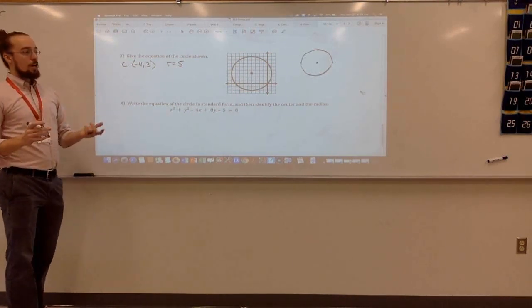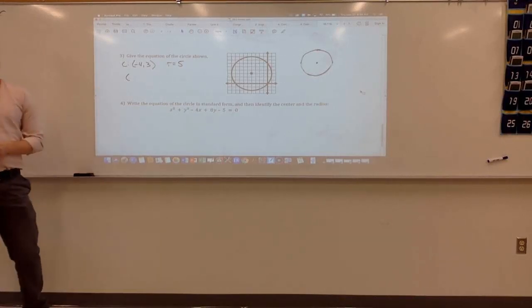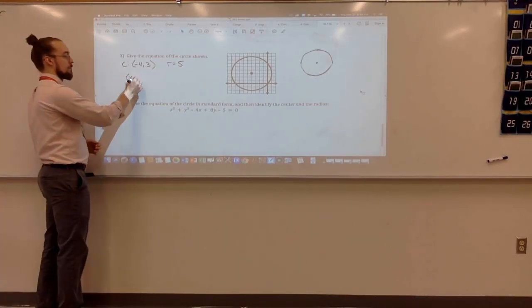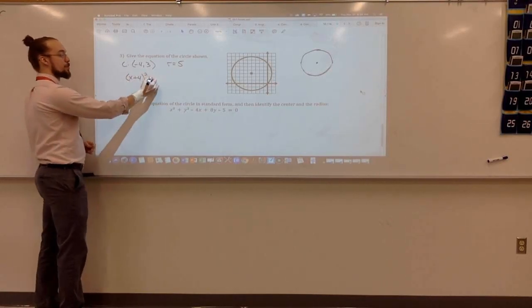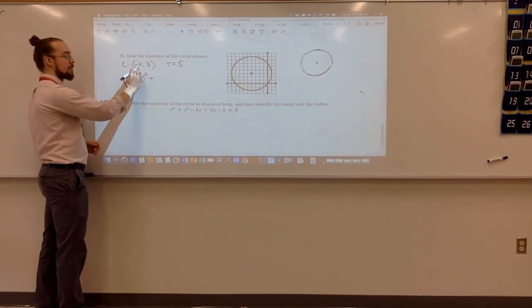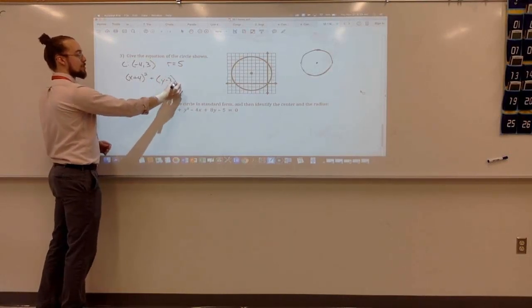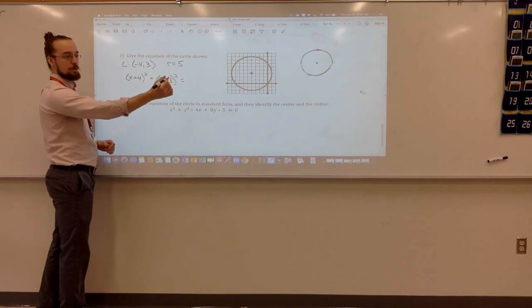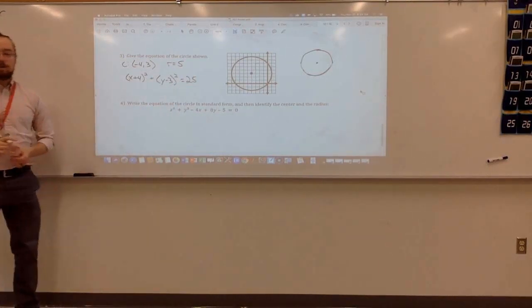Alright, so what would my equation look like then? X plus 4, because remember we're taking the opposite sign. So x plus 4 squared plus y minus 3 squared equals 5 squared, which would be 25.